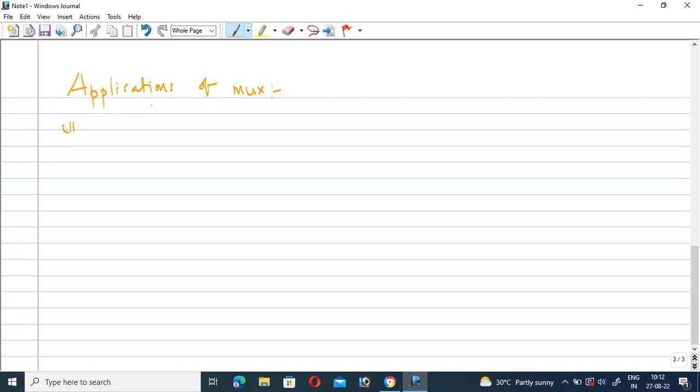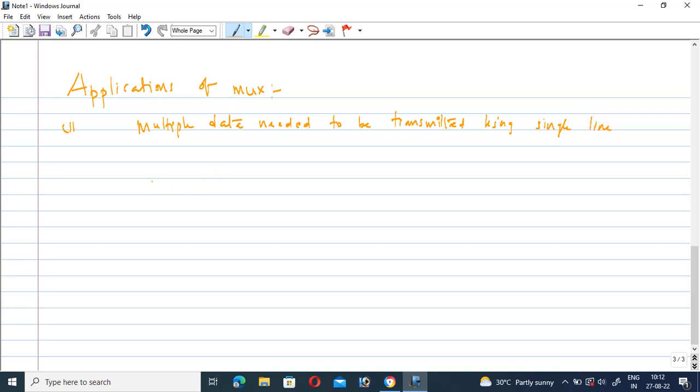Multiple data needed to be transmitted using a single line. Okay, this is one application.